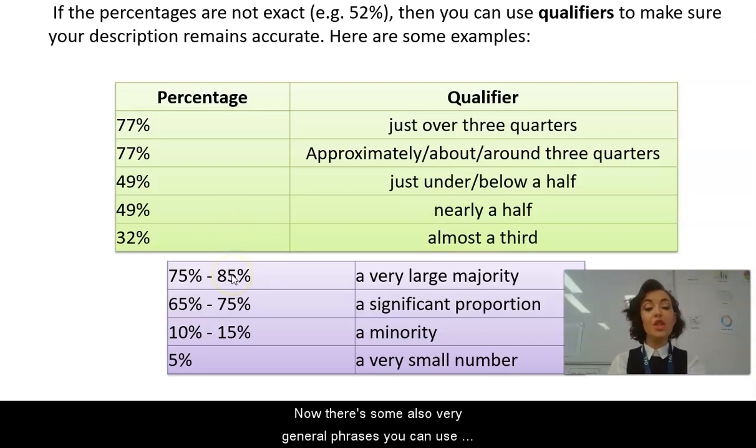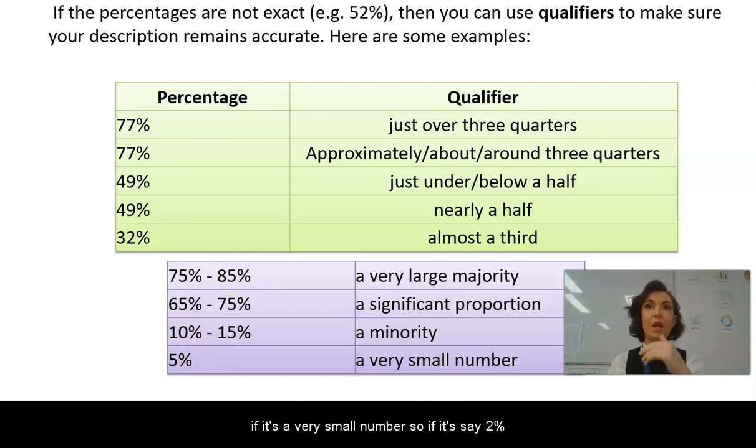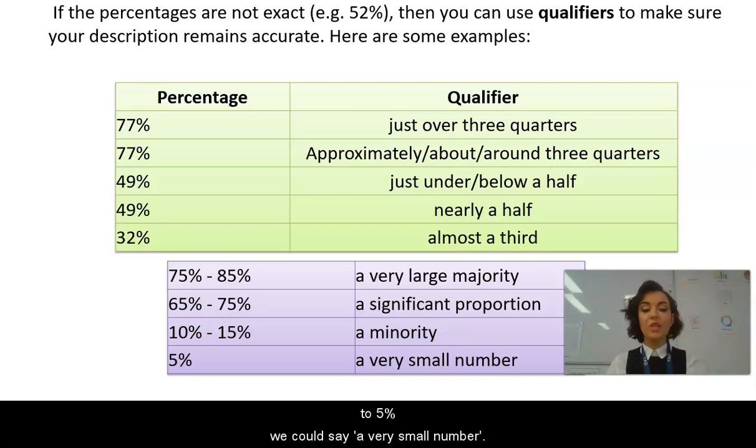Now, there's some also very general phrases you can use. If it's a very small number, so if it's, say, 2% until 5%, we could say a very small number. Between about 10 and 15%, a minority. Between 65 and 75% would be a significant proportion or a large proportion.